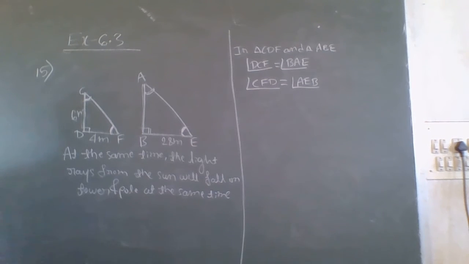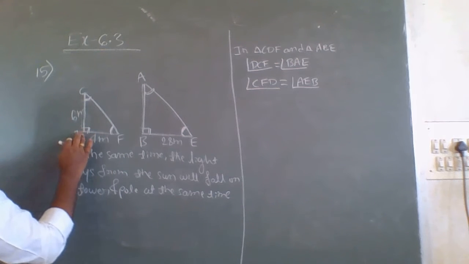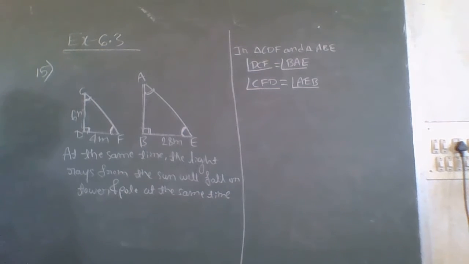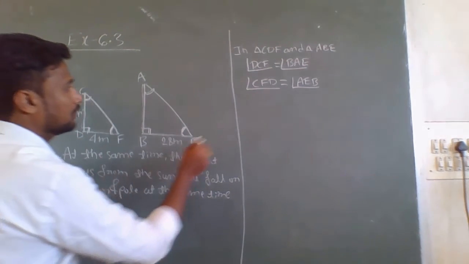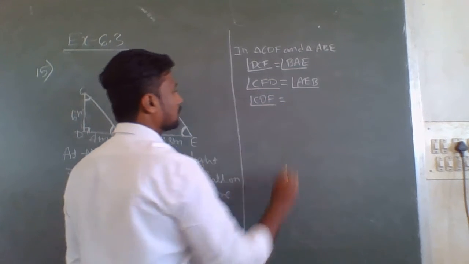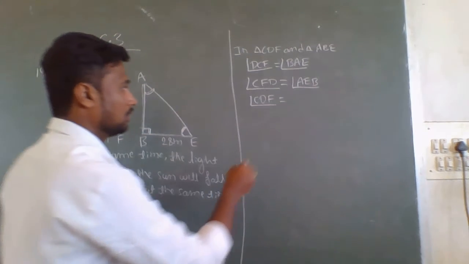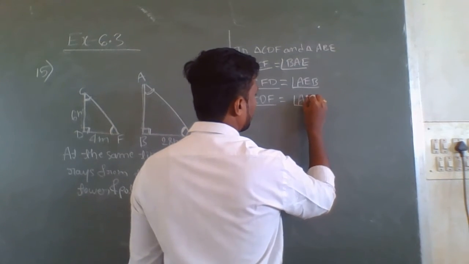So now, the remaining angles, these two angles are 90 degree because the pole and tower are perpendicular to ground. Therefore, angle CDF equals to angle ABE.